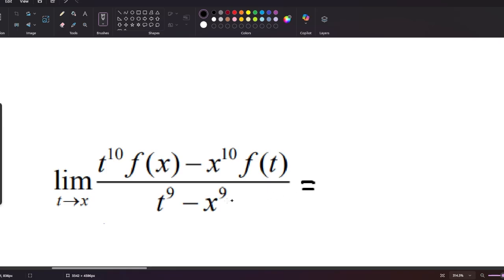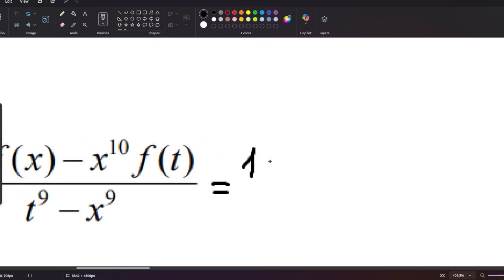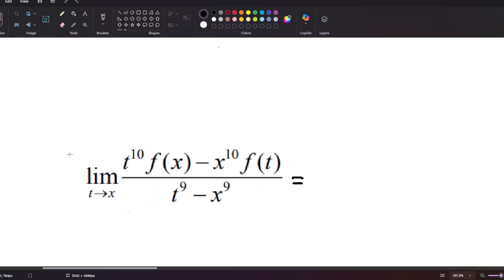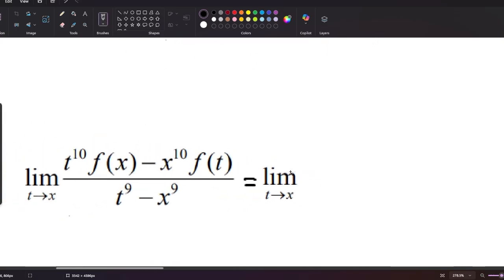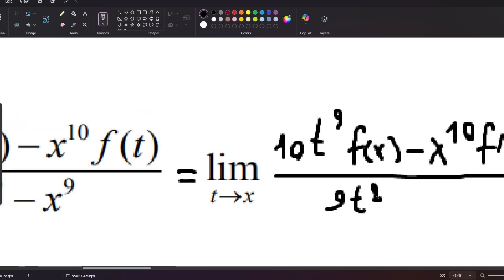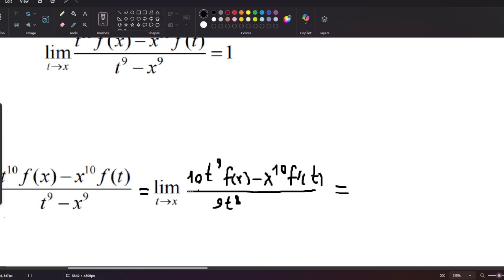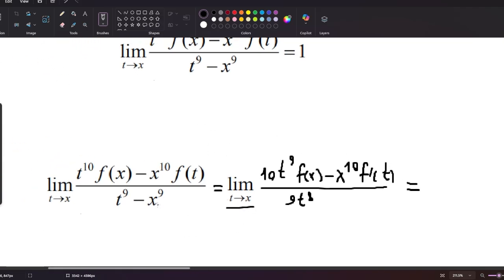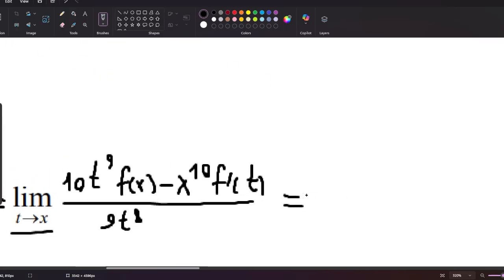So I can apply L'Hopital's rule and have the limit as t approaches x of 10 times t to the 9th times f of x minus x to the power of 10 times f prime of t over 9 times t to the power of 8. Now, finally, we can substitute t for x. It's actually workable now with no problems.